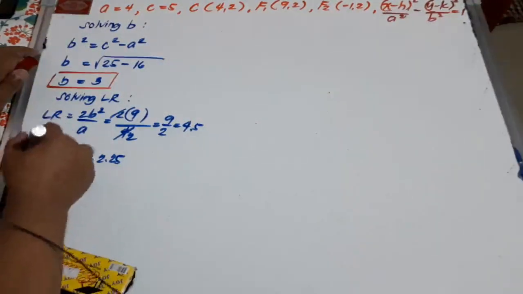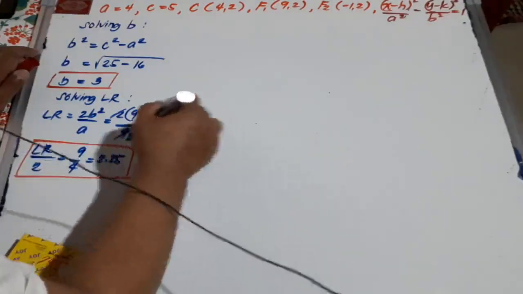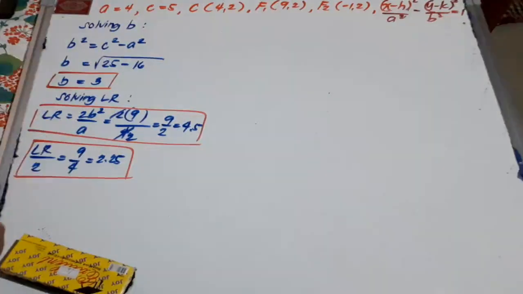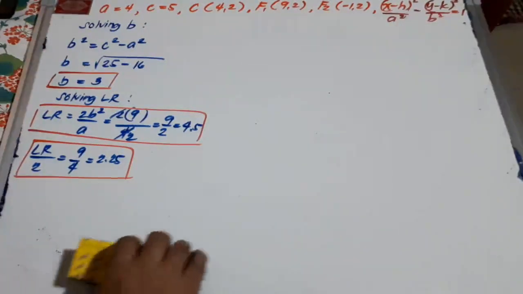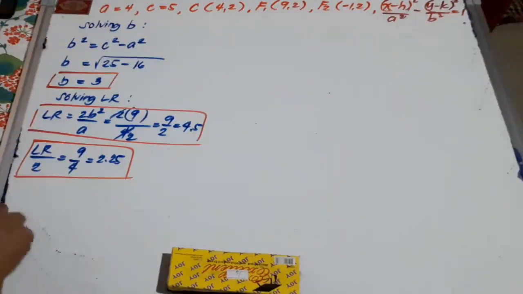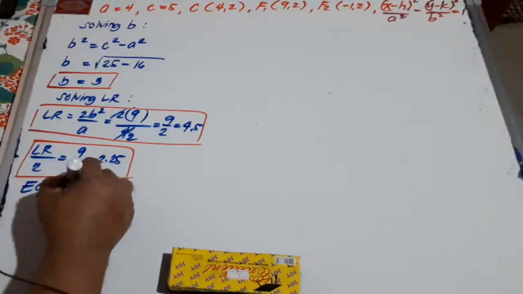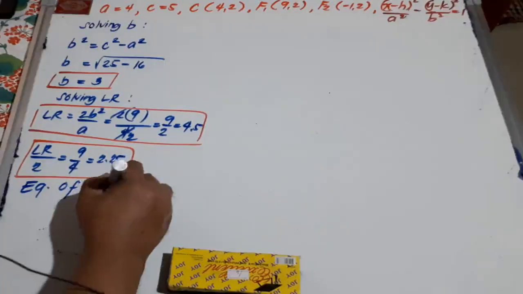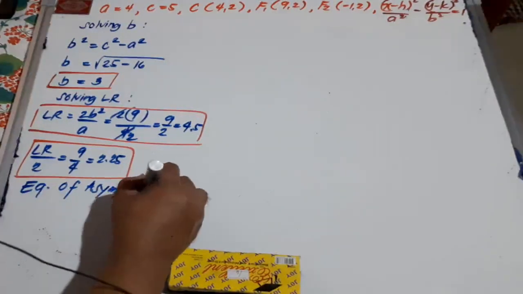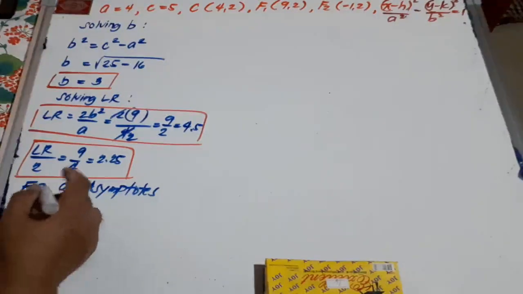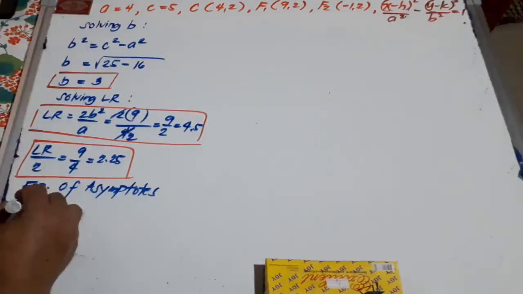And the last is equation of asymptotes na lang. Equation of asymptotes. Para dire-diretso na tayo. Equation of asymptotes is, since ito ay horizontal, ito ang gagamitin natin.